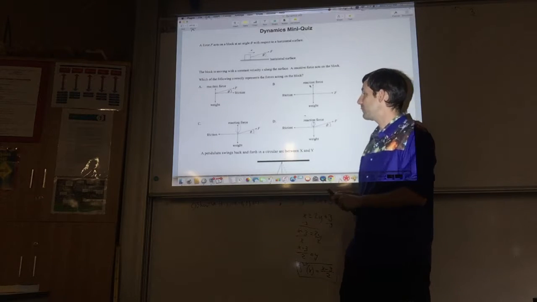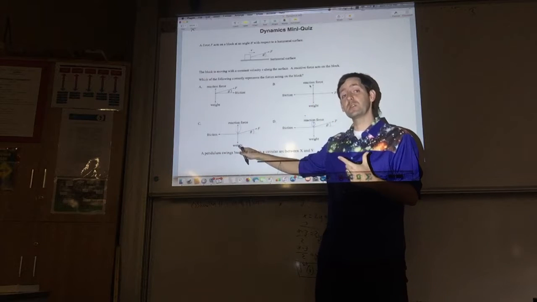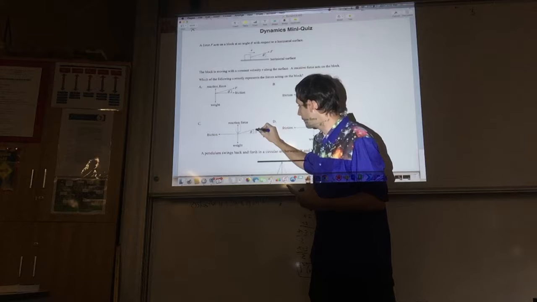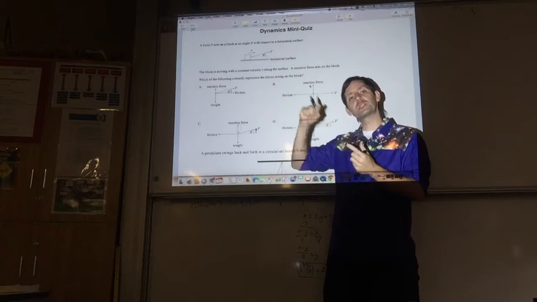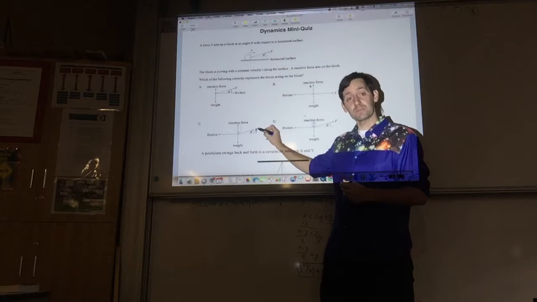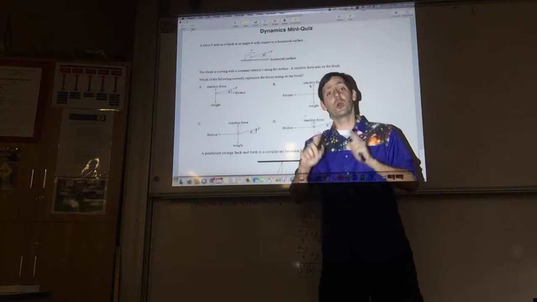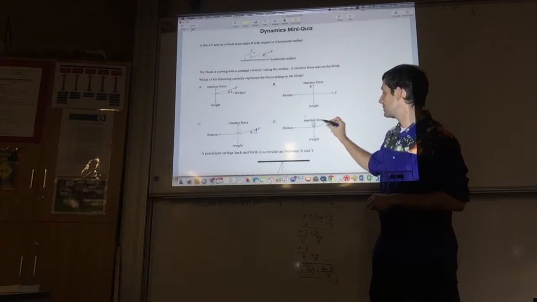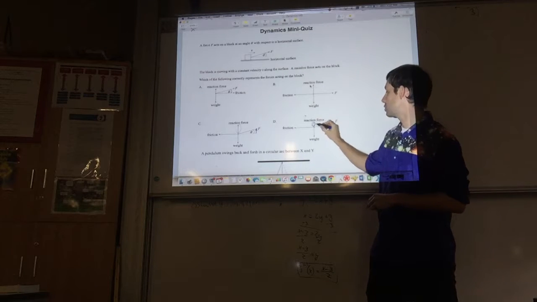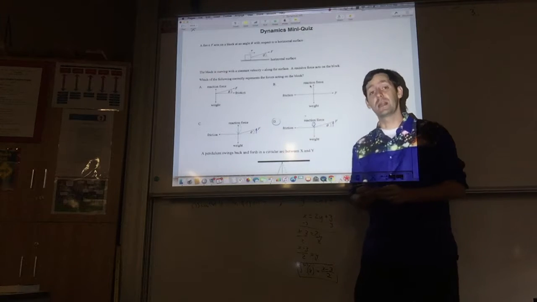And so if this normal force was equal to the weight, then what about the vertical part of this force? Remember, that force is going up at an angle. If these two are equal, that means I have a net upward force, and therefore it's not going to have a constant velocity. It's going to accelerate upwards. So what we need is this force to be smaller so that the sum of those two vertical components is equal to the weight. Therefore, the answer should be letter D.